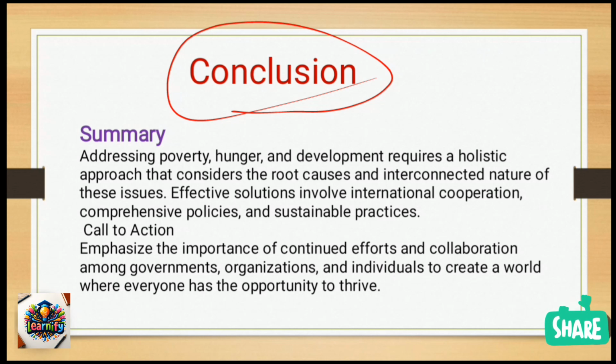Effective solutions involve international cooperation, comprehensive policies, and sustainable practices. Call to action: emphasize the importance of continued effort and collaboration among governments, organizations, and individuals to create a world where everyone has the opportunity to thrive.